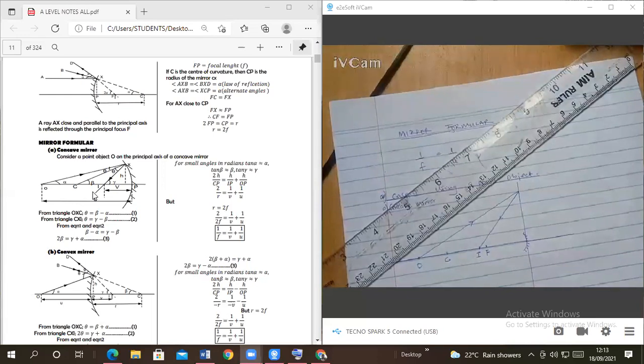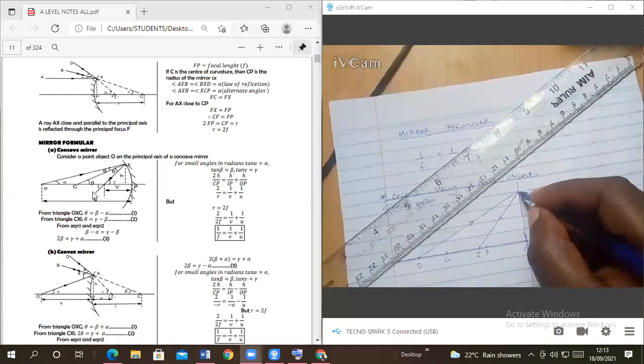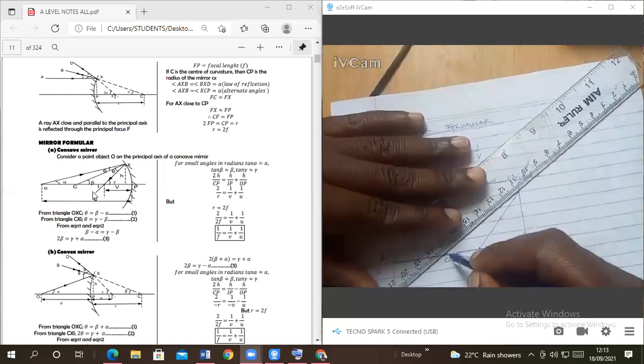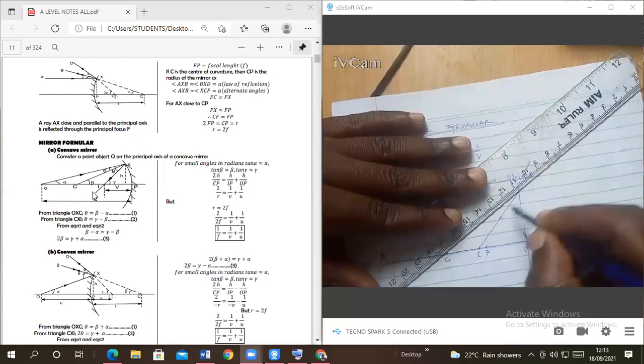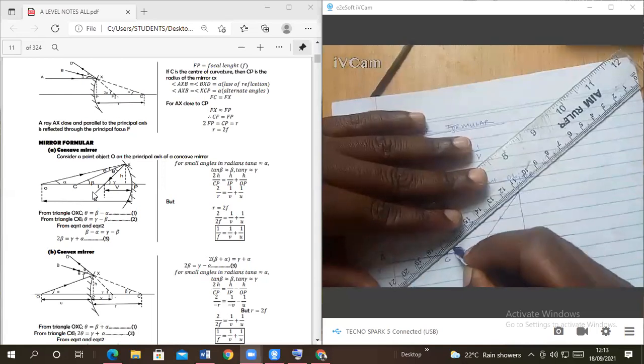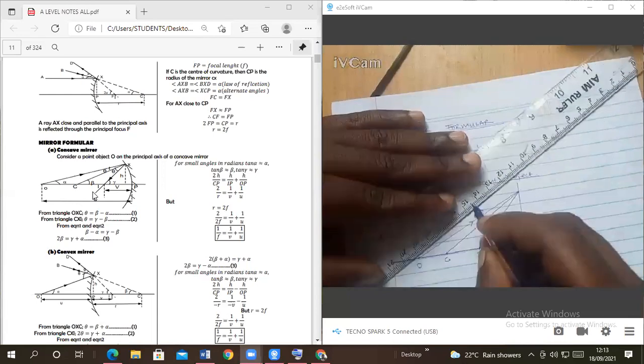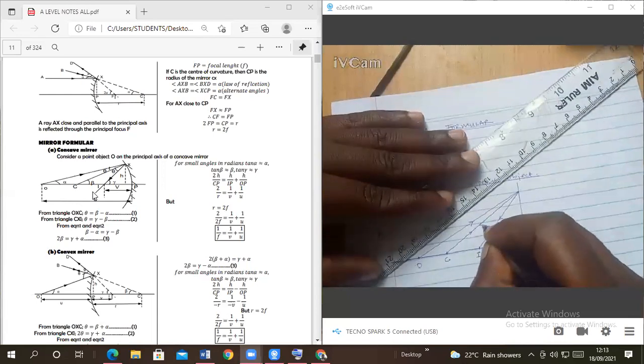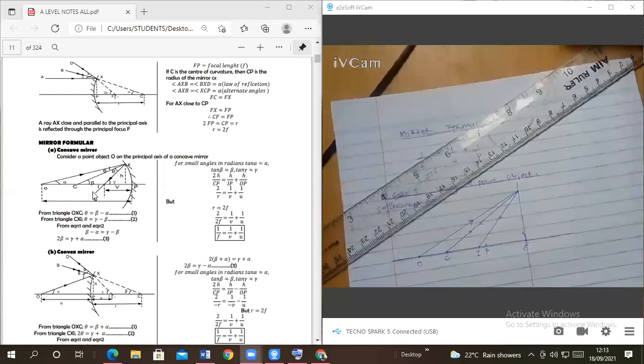Now we should know that there is the other ray that comes from the center of curvature, and always that ray will act as the normal at this point of incidence. So I will draw the ray from here to there. So it goes and then comes back in that kind of form.